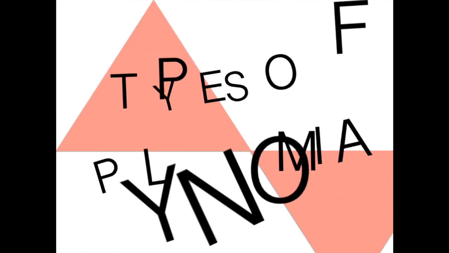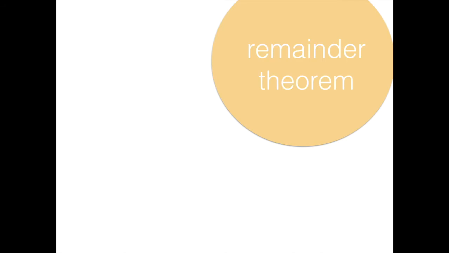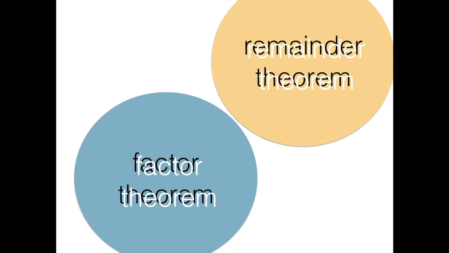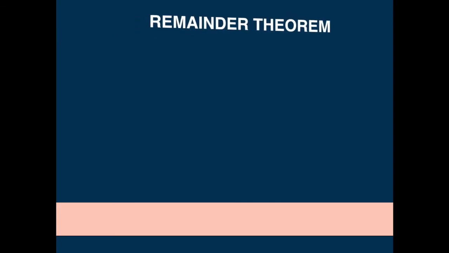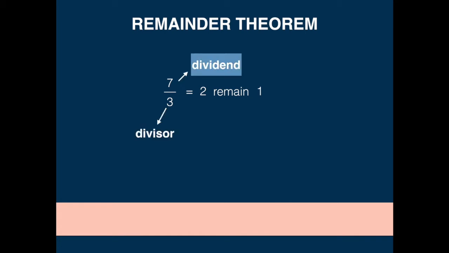There are two types of polynomial theorems: the remainder theorem and the factor theorem. Remainder theorem: 7, if you divide it by 3, you would get 2, with the remainder of 1. 7 would be the dividend, 3 would be the divisor, 2 here would be the quotient, and 1 would be the remainder.